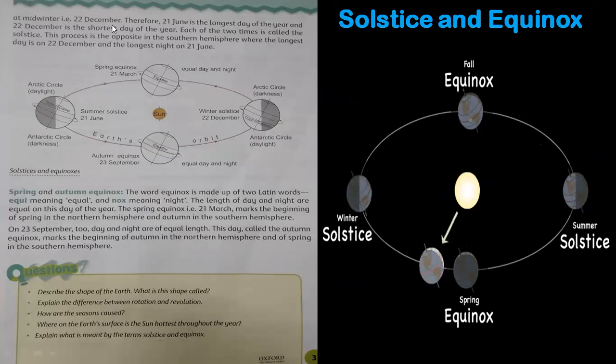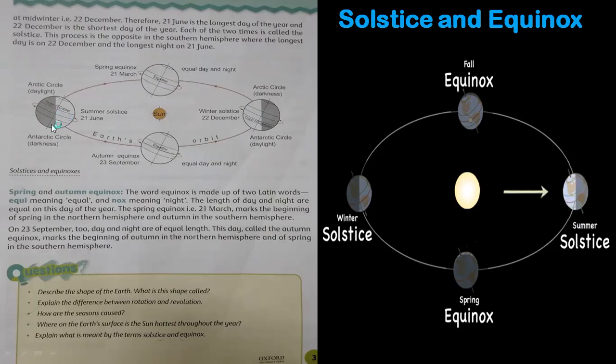Therefore, 21st June is the longest day of the year, and 22nd December is the shortest day of the year. Each of these times is called the solstice. This process is the opposite in the southern hemisphere, where the longest day is on 22nd December and the longest night on 21st June.